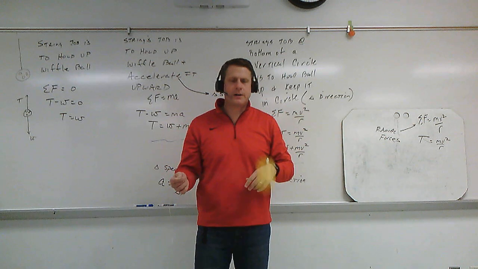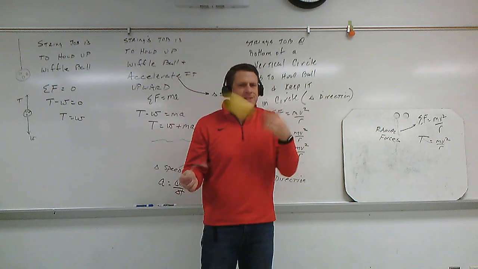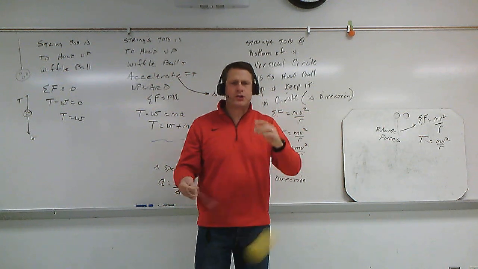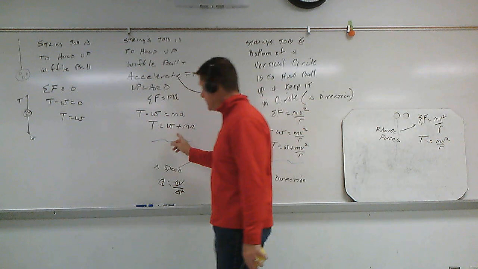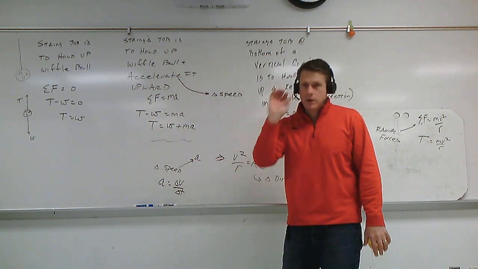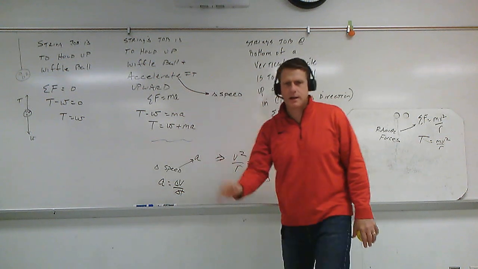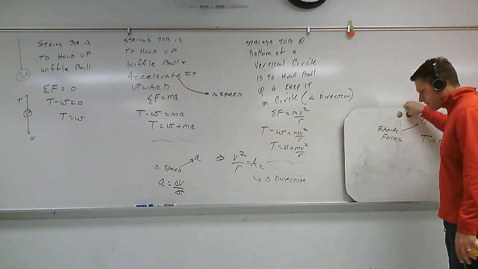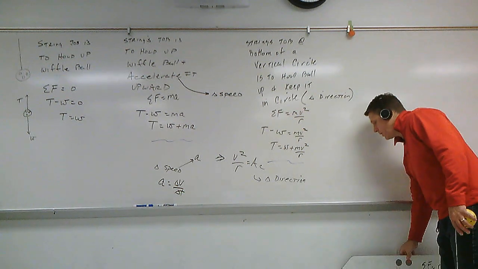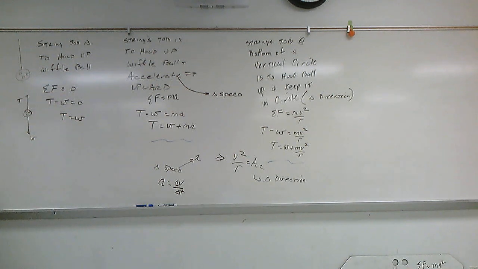What happens up here is that tension doesn't even have one full job. Tension here had two jobs: hold the thing up and accelerate it vertically upward by changing its speed. Over here, tension had two jobs. What were the two jobs? Well, hold the thing up and keep the object in the circle.